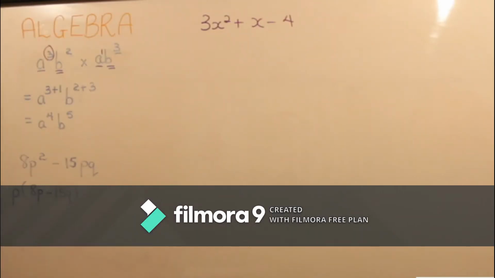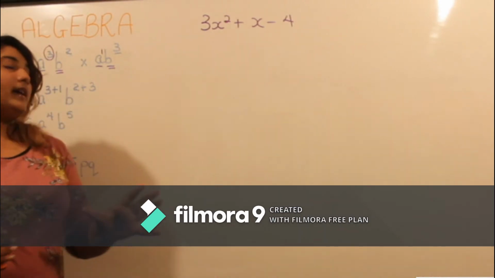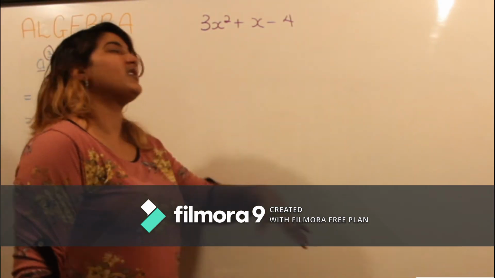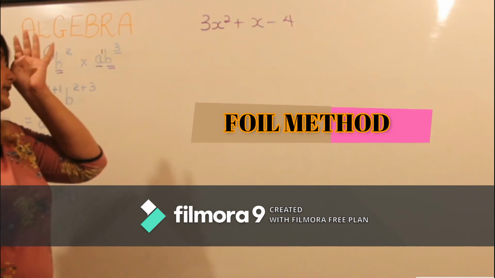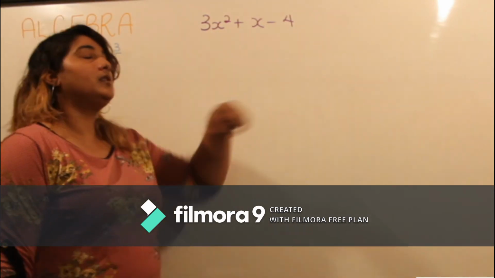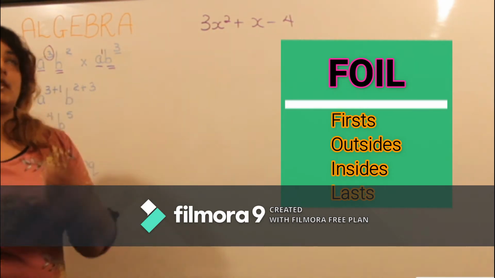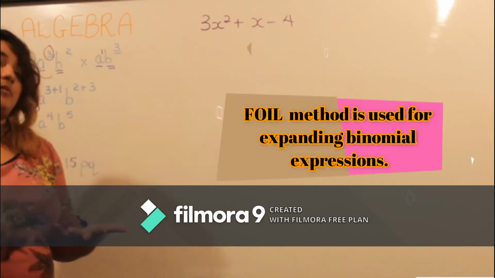Now there's several different ways you can do this, and it all depends on what works for you. So the method we recommend, which is much simpler to do, is what they call the FOIL method. Instead of expanding, FOIL applied to binomial expressions means finding the product of two binomial expressions.